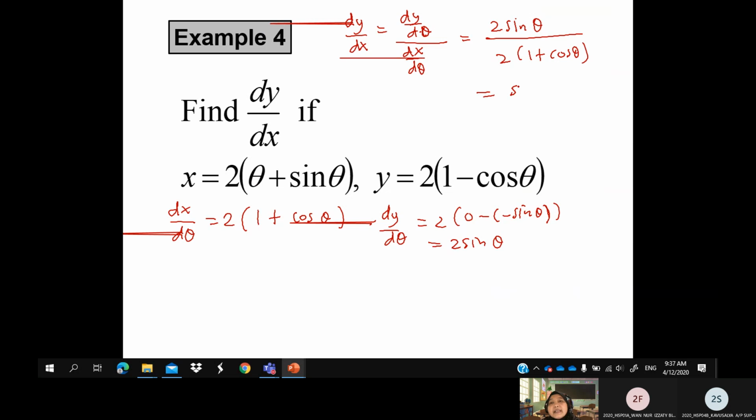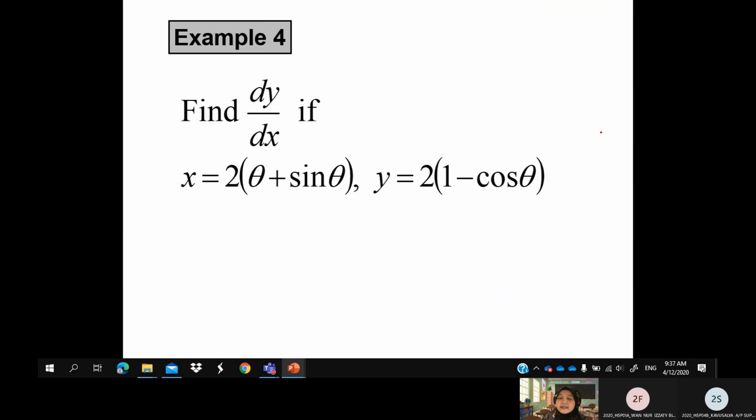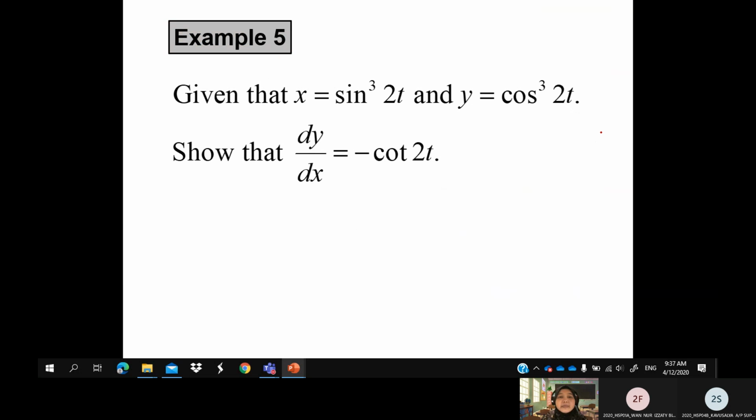Then simplify: sin theta over 1 plus cos theta. Done, too simple, just a few marks. The aim is how to differentiate trigonometric functions. You have to remember that differentiating sin gives cos, and cos gives negative sin.